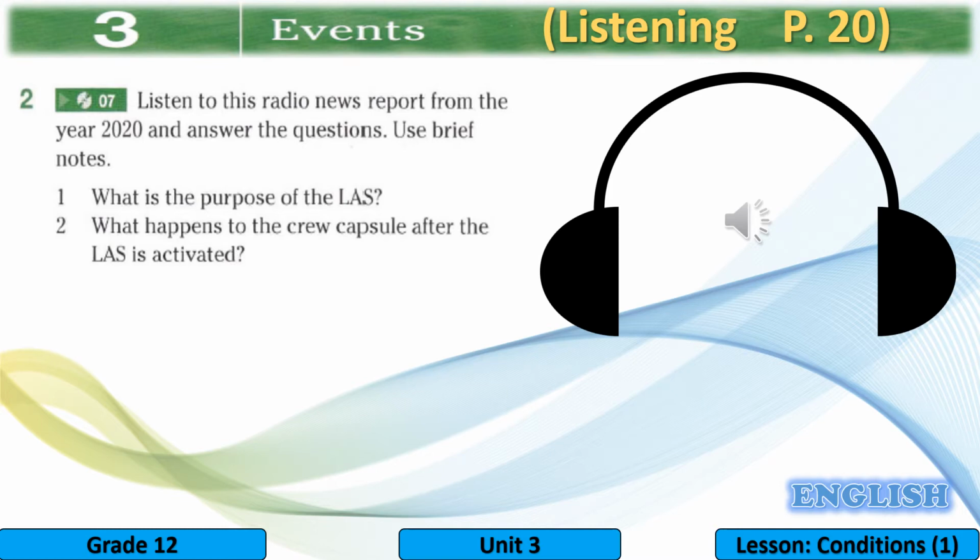The abort engine fired with a massive 180,000 kilograms of thrust, and the LAS, attached to the Orion crew capsule, was ejected and shot upwards at high speed and away from the rocket. It reached a speed of 725 kilometers per hour in less than 3 seconds.